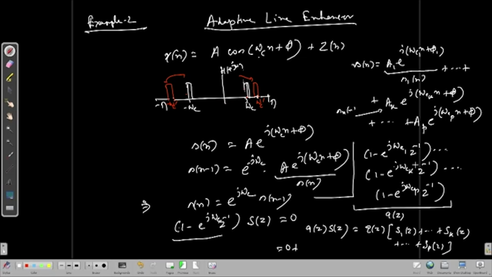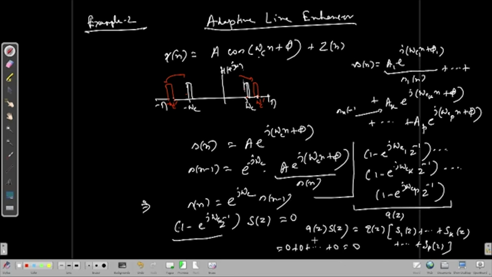Understand? When the same Qz I am using to multiply Skz, that time I will pick up not the first polynomial, but the kth 1 minus e to the power j omega c k z inverse. So, if I bring it to the front, first that will multiply Skz, but because of this theory that is 0. So, I will get 0. So, that way 0 plus dot dot dot dot 0, which is 0.